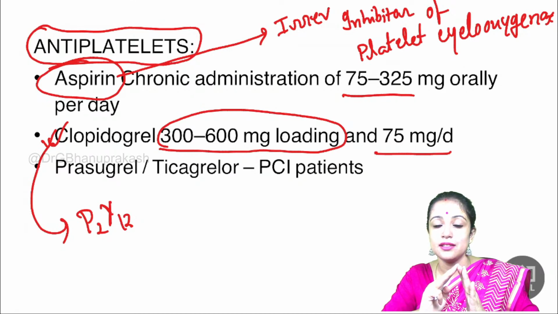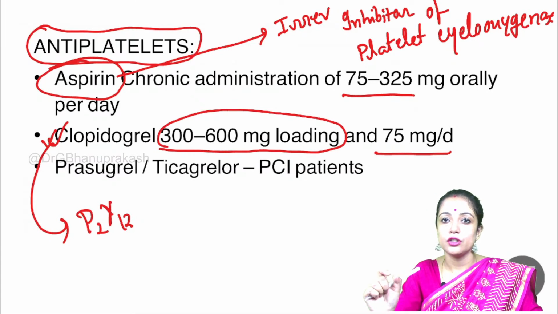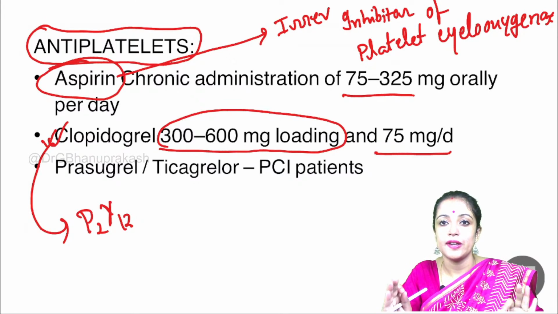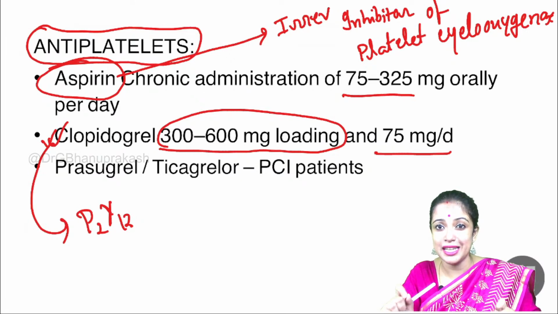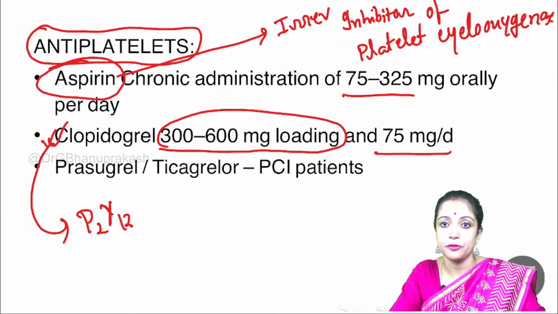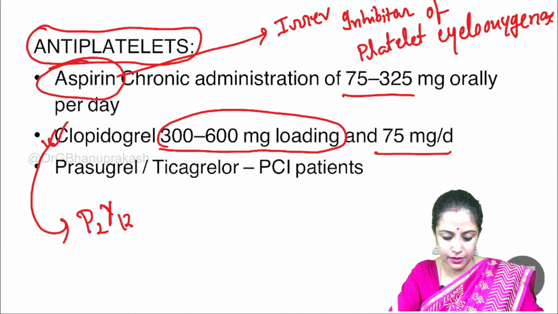That is the main indication of using both antiplatelet agents, dual antiplatelet, for a period of 1 year if the patient has undergone coronary stenting. Otherwise, in a patient of stable ischemic heart disease, there is no added benefit of using clopidogrel along with that. We have to remember.